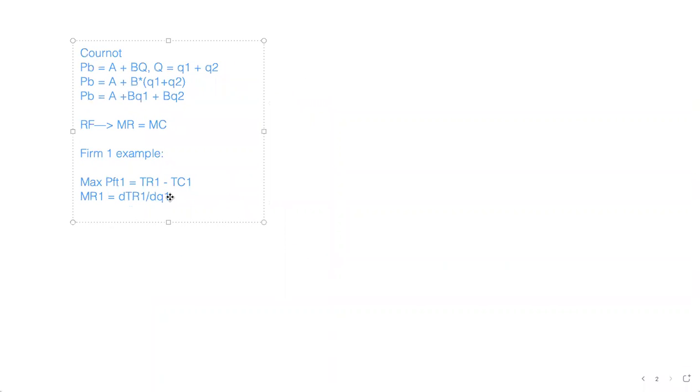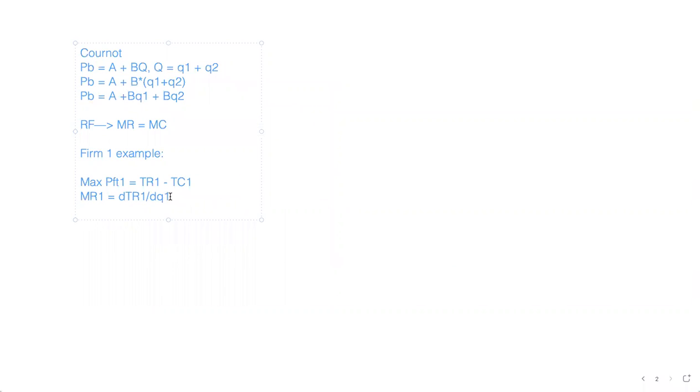And the reason we're focusing on total revenue at this point is only because we want to get an expression for the marginal revenue of firm 1. And we want to remember that the marginal revenue for firm 1 is going to be equal to the change in the total revenue of firm 1 divided by the change in the output for firm 1. So we can again employ marginal revenue is equal to marginal cost in order to get our solution.